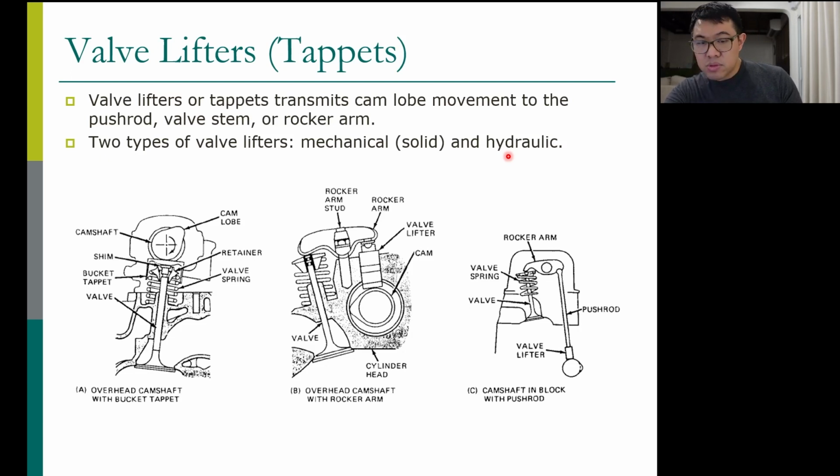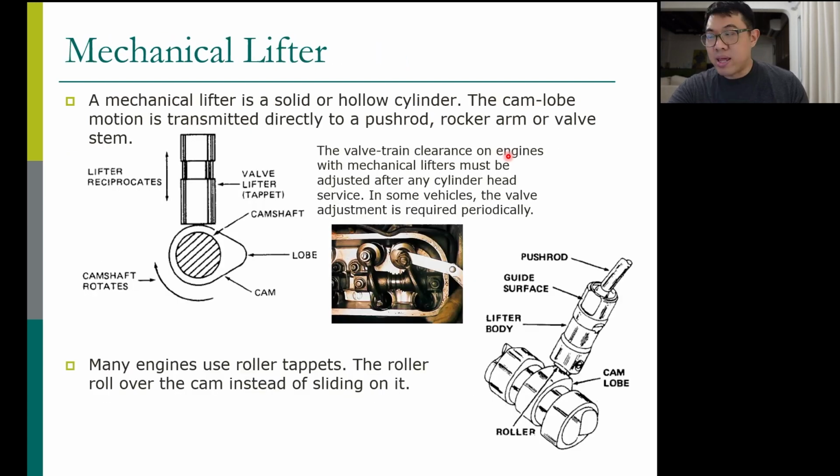For the mechanical lifter, the solid lifter, it is just a solid cup, or sometimes it has a roller inside. Now, the problem with a solid lifter is that after you use the engine for some time, there is wear on the valve train, and that wear causes the valve train clearance to be larger and larger.